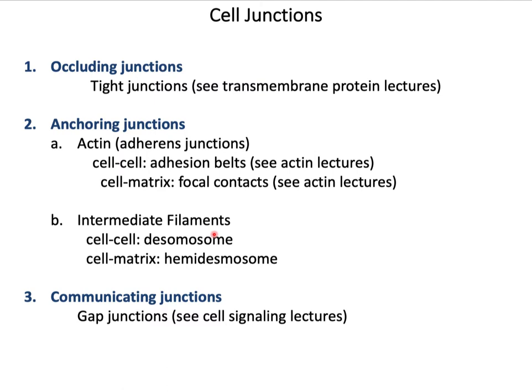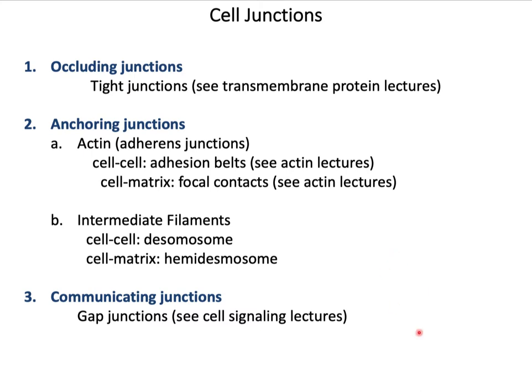And these are probably the only two new structures that we will encounter in our discussion on cell-to-cell and cell-matrix interactions. And finally, the third type of junction is known as the communicating junction, and it's through this type of junction that the cells communicate with each other. An example of a communicating junction is the gap junction. And we also introduced the gap junction in the cell signaling lectures.